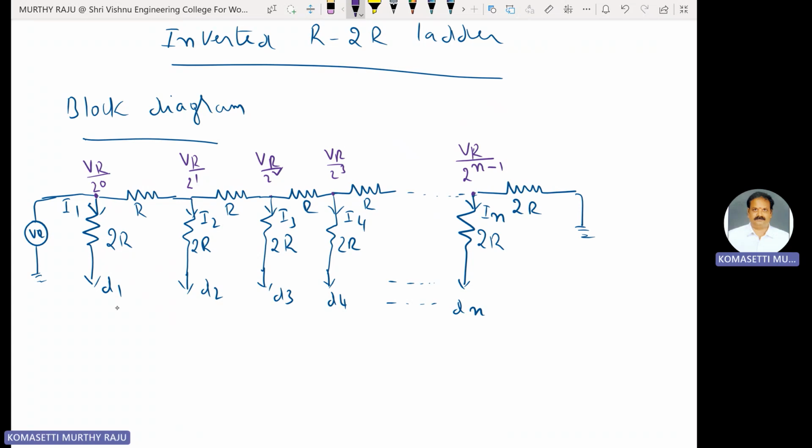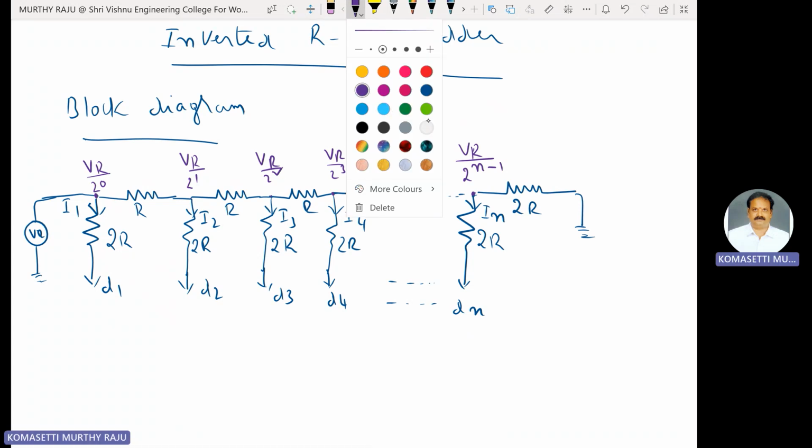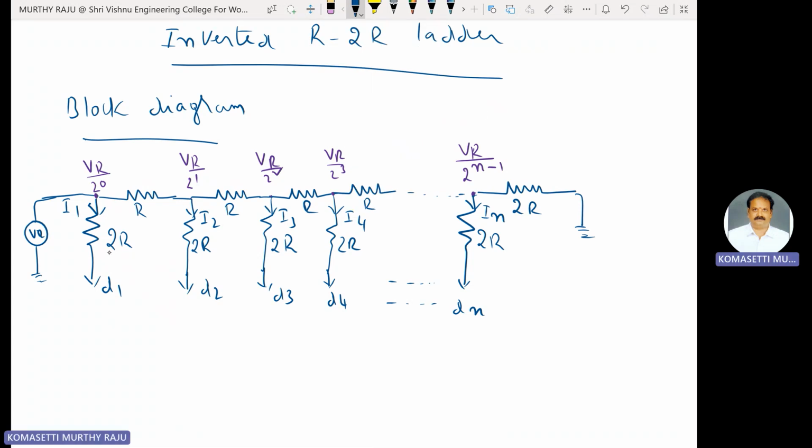The digital data is in the form of D1, D2, D3, D4 and so on up to Dn. This one D1 is MSB. Dn is LSB.